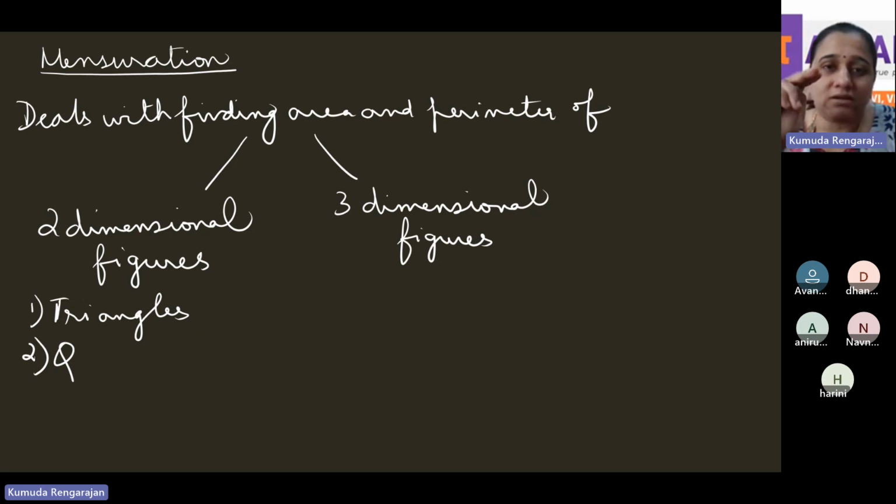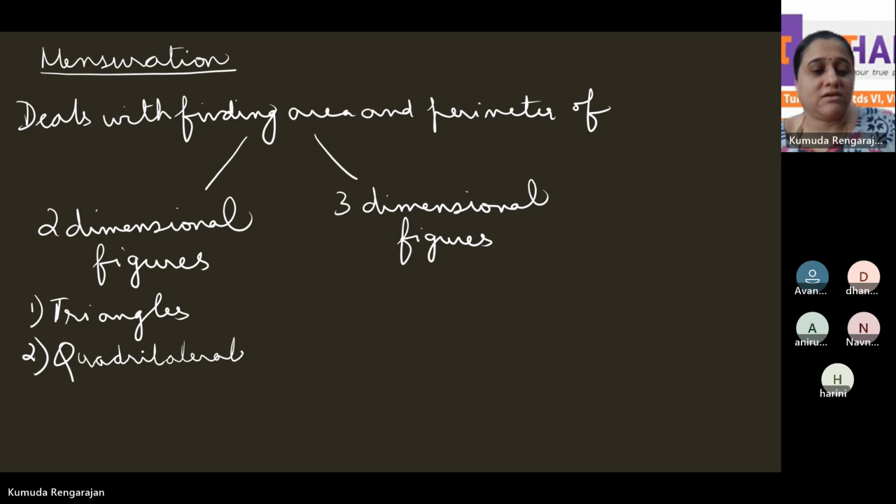A square is a quadrilateral. A rectangle is a quadrilateral. A rhombus is a quadrilateral. A parallelogram is a quadrilateral. A trapezium is a quadrilateral. A kite is a quadrilateral. Any polygon made up of four sides is a quadrilateral. So we learn how to find the area and perimeter of the ones I mentioned.